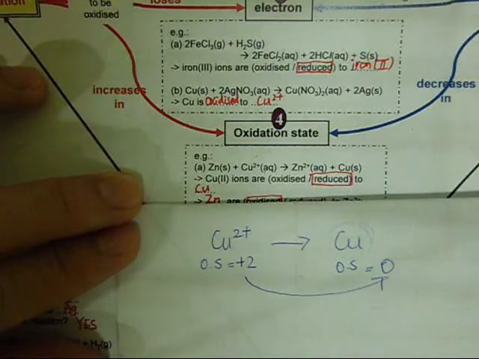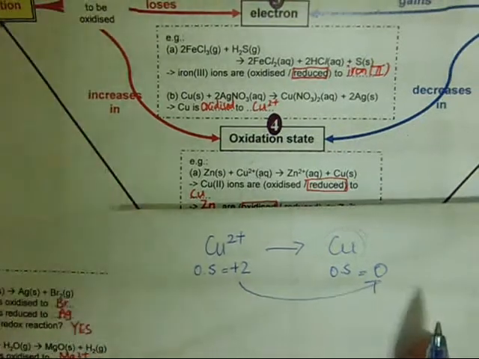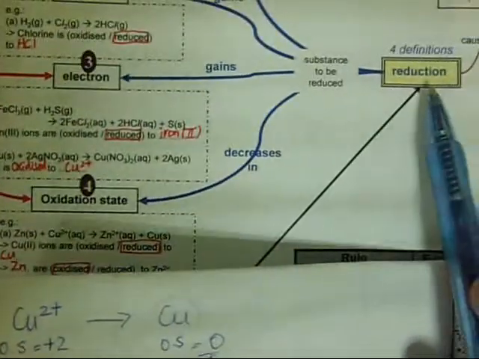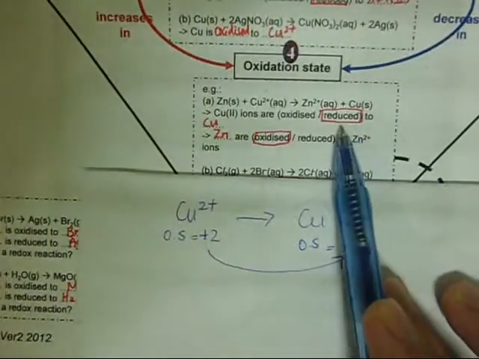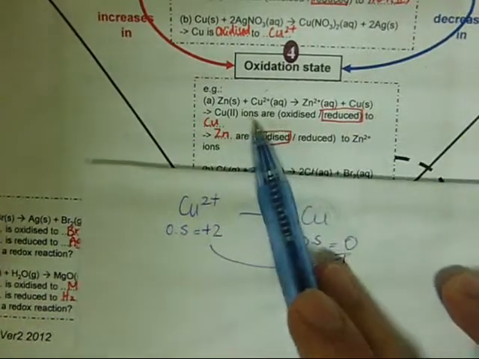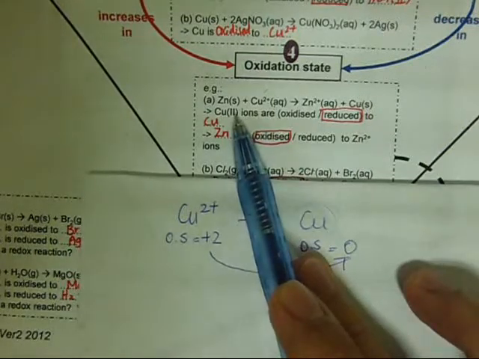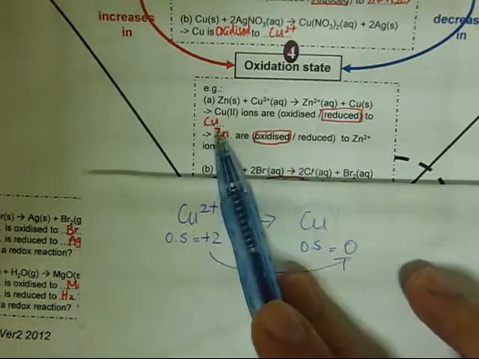It's a decrease. Decrease in oxidation state is reduction. Therefore, the answer here is reduced. Copper 2 ions are reduced to copper.